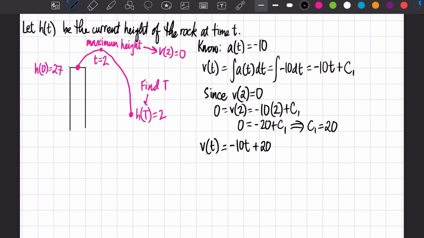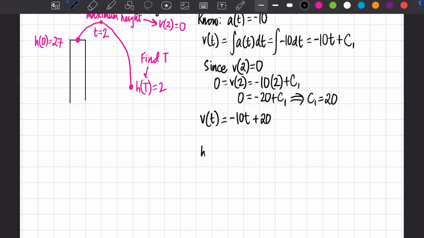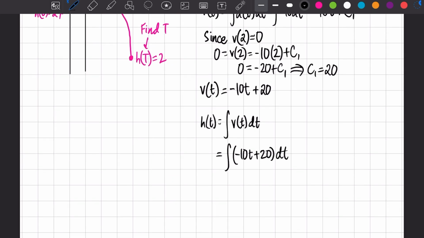Okay? Now, we have to solve for the height. And the height is just the integral of your velocity. So that's the integral of negative 10t plus 20 dt.